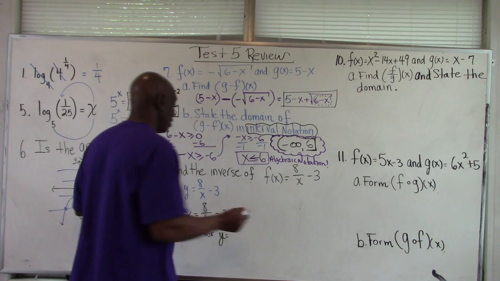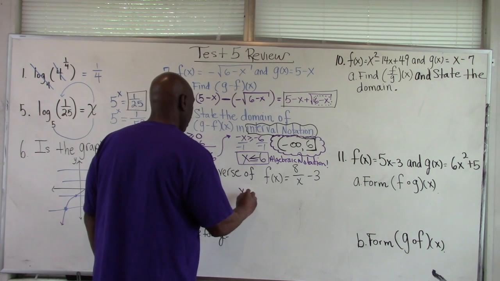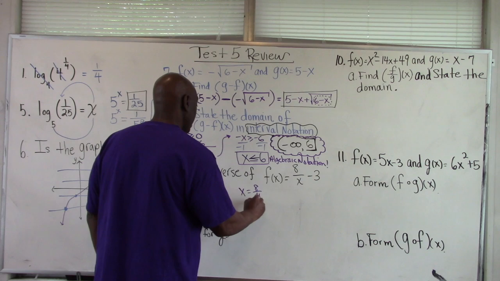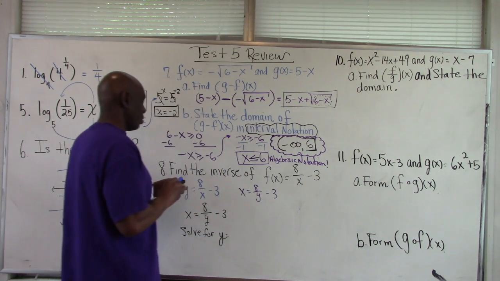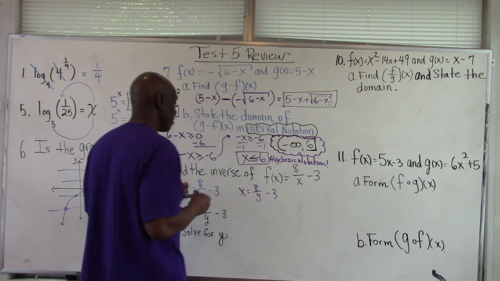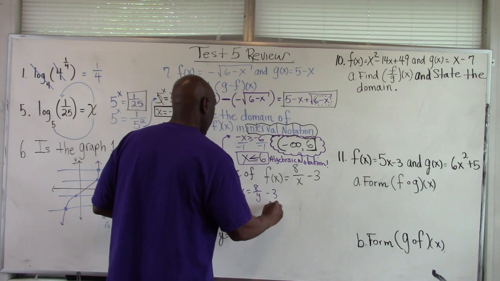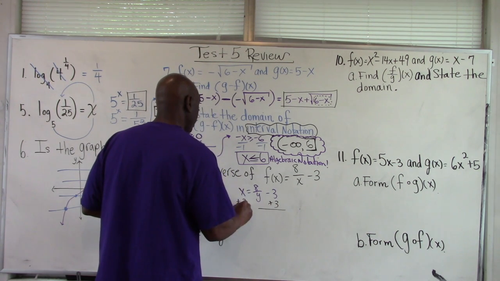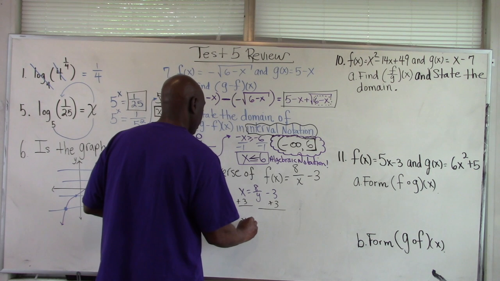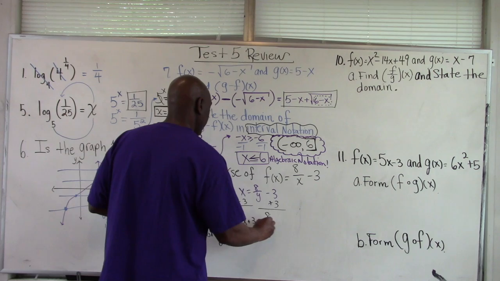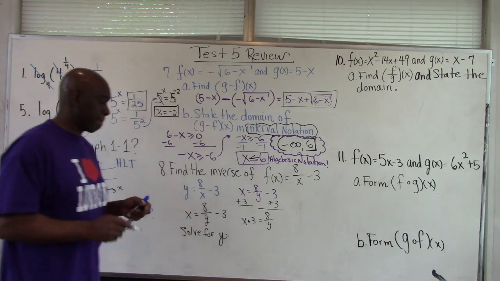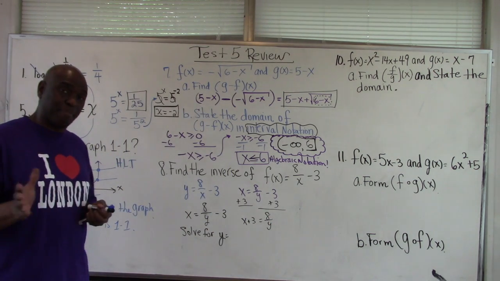So in doing that, we're going to have x equals 8 divided by y minus 3. We're going to go ahead and add 3 to both sides. Add 3 to the right, add 3 to the left. We're going to get x plus 3 equals 8 divided by y. Not bad.